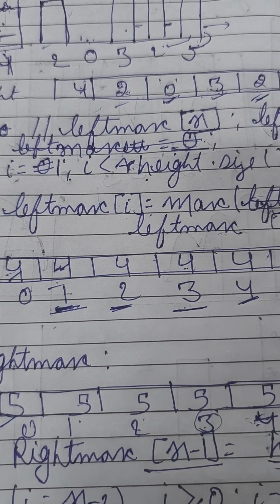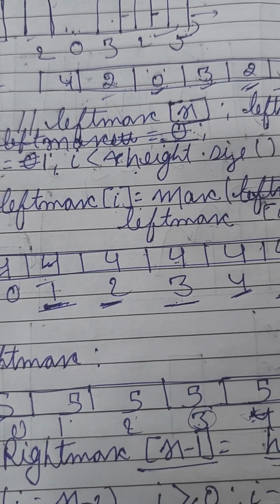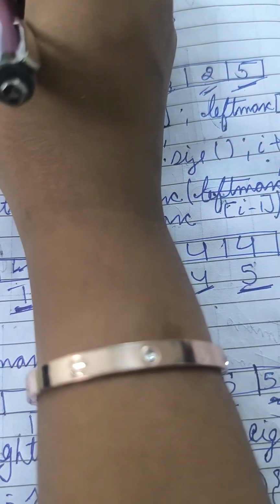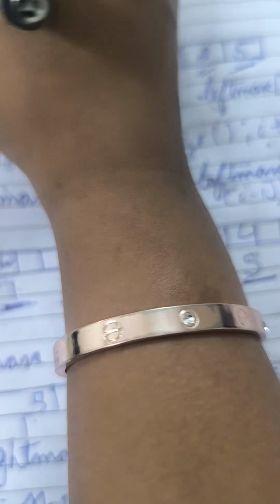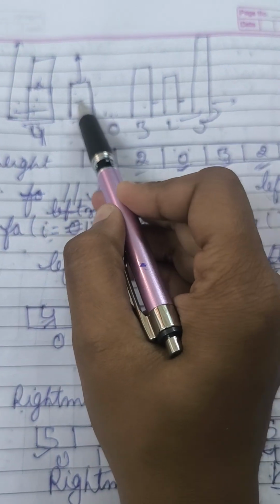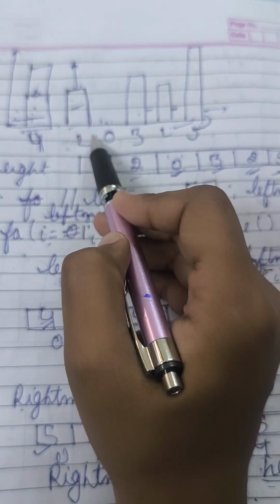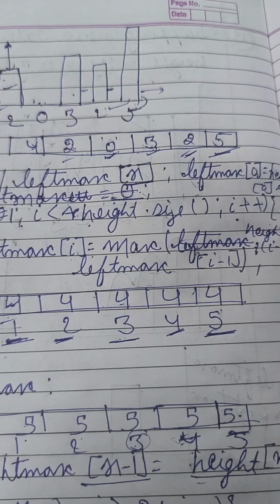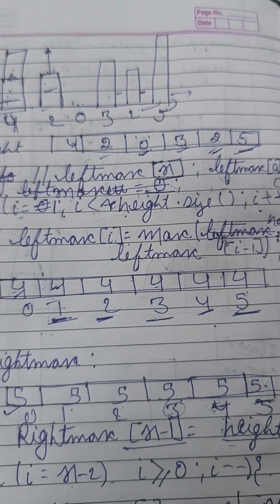So you find the minimum of left max and right max, and for this particular height, we do minus the height of this element, which is 2, minus height of I. So now we have to take out the water trapped.